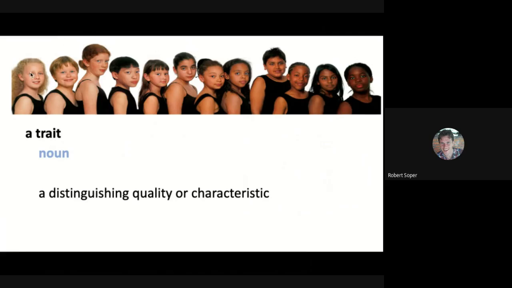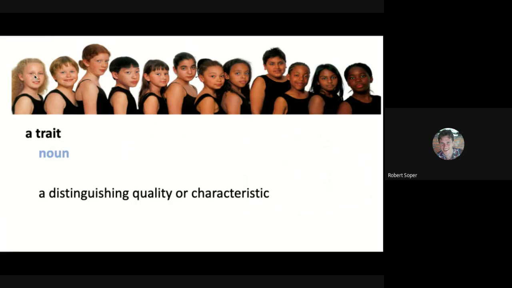What might distinguish the girl over here from the girl over here? Well, hopefully you notice something like hair color. So hair color is a trait. You might have some people with blonde hair, some people with red hair, and some people with black hair or brown hair. And this quality can group certain people together, or can be used to distinguish some people from different people.